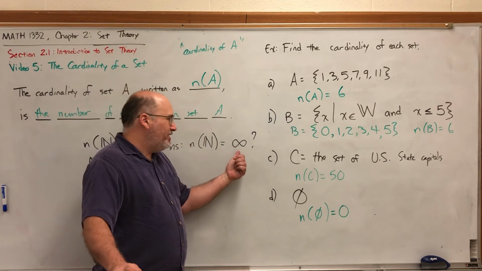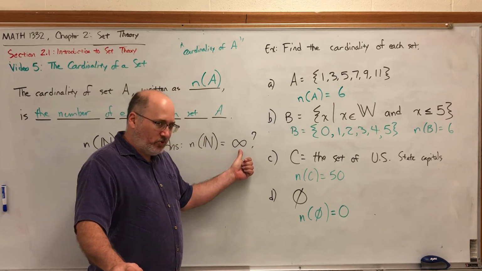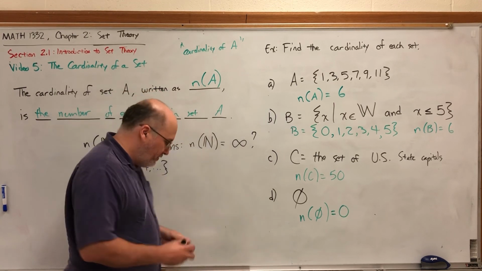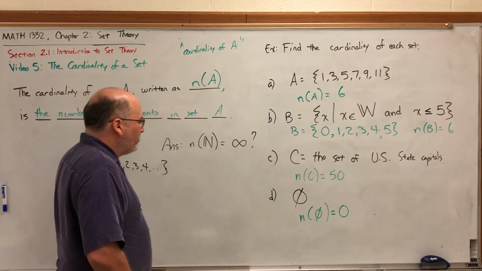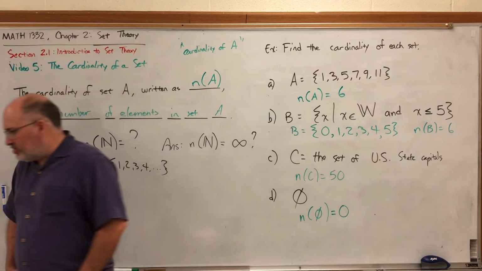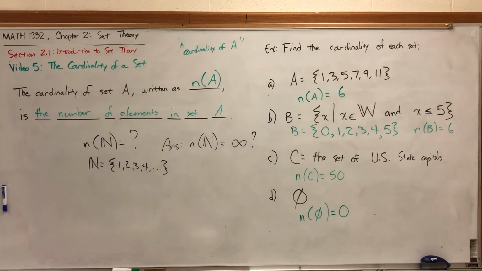The answer is yes, but there's more to the story than that. We'll talk more about the size of the natural numbers later in this chapter, and I think later in this section as well. For now we can say infinity, but we'll give a better answer later. Just remember, cardinality is like a question: how many elements do you contain?